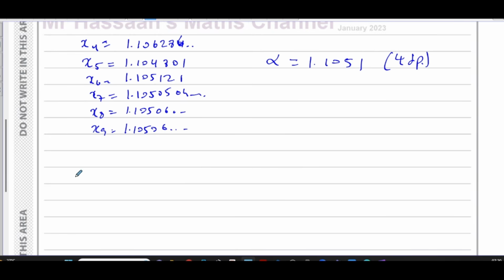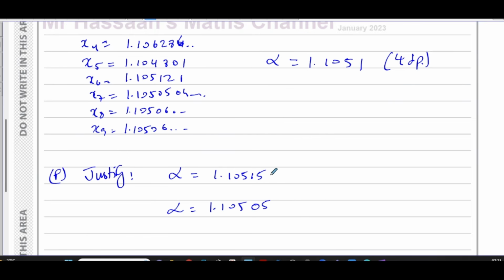So if they say justify, just imagine I put part F, justify. To justify, we will take this value of alpha and write it as 1.105, and then take the upper bound of this, which would be 1.1055, and the lower bound, which would be 1.10505.